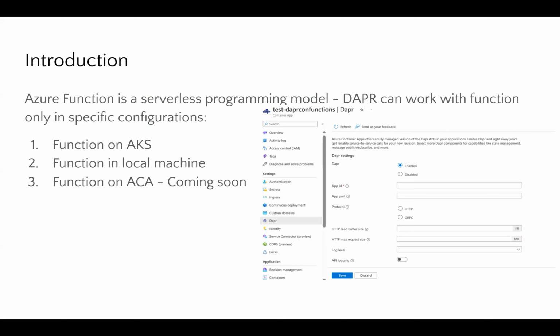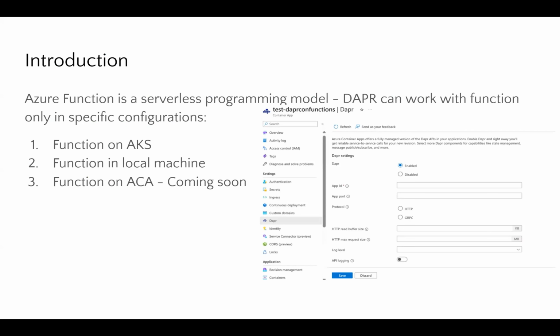Dapr can work with functions only in specific configurations, given functions is a serverless platform. Since the Dapr sidecar requires a platform or a container to run, it will work with functions which are running on containerized environments.